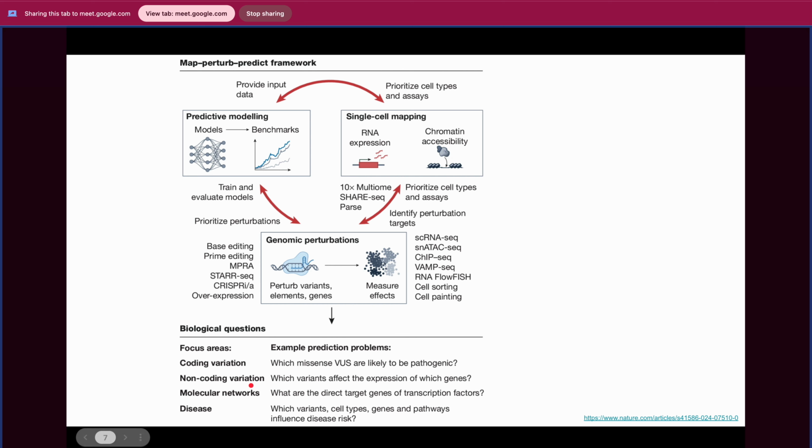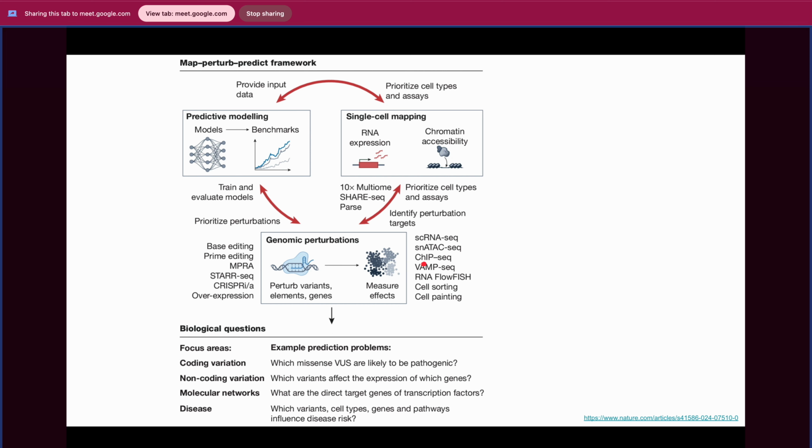And then non-coding variations. Which variants affect the expression of which genes? That also we can find out. If there is some variation in the non-coding region, then how it is influencing the expression of that gene, its regulation, that can also be carried out. Then molecular networks. With this, the molecular network information can also be captured, that is, how the interaction between two proteins gets influenced.